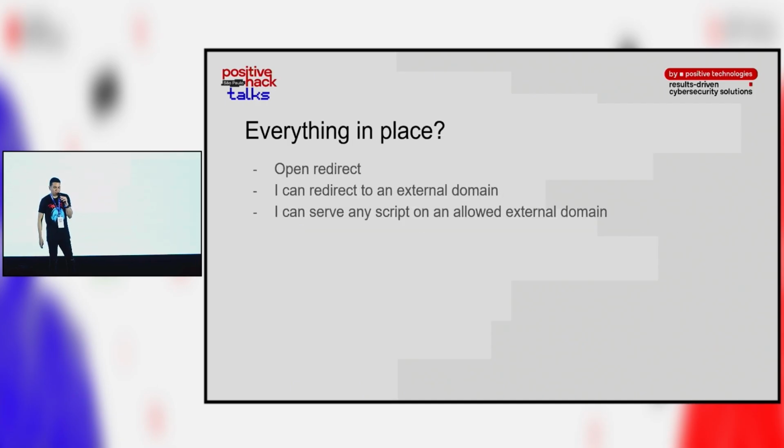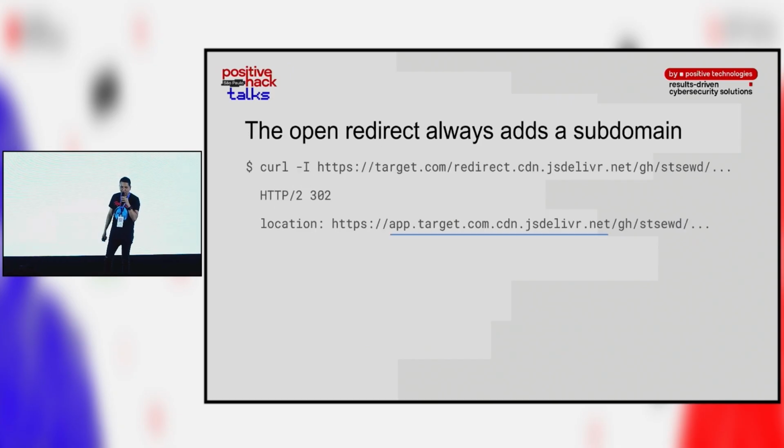So with this, I have everything in place. Or so I thought, because I have the open redirect that allows me to redirect to any external domain, and I could serve any file that I wanted from the public CDN. But there was a small problem: the open redirect that I found was adding a subdomain to the final target.